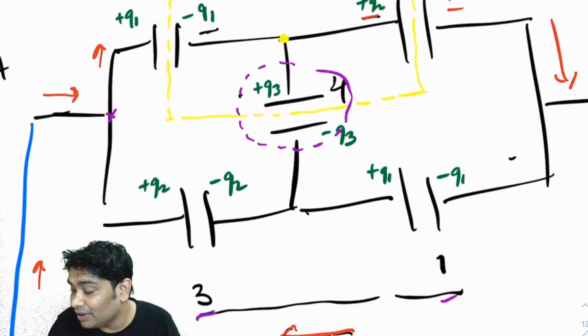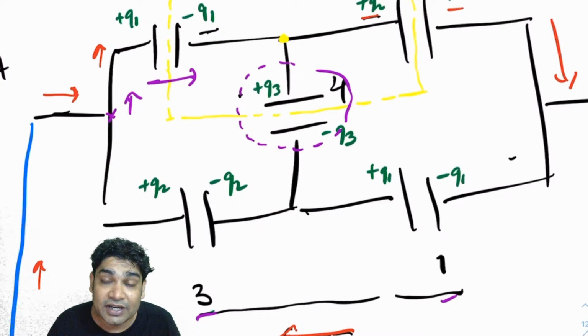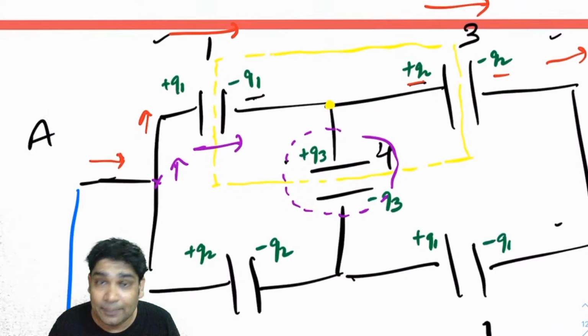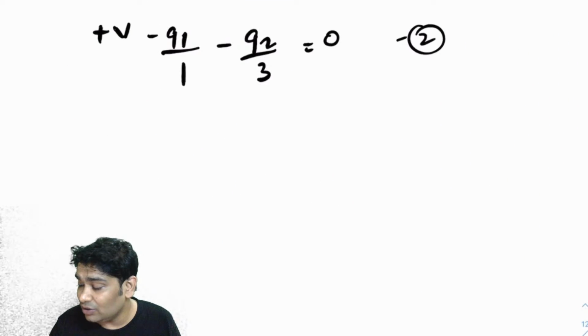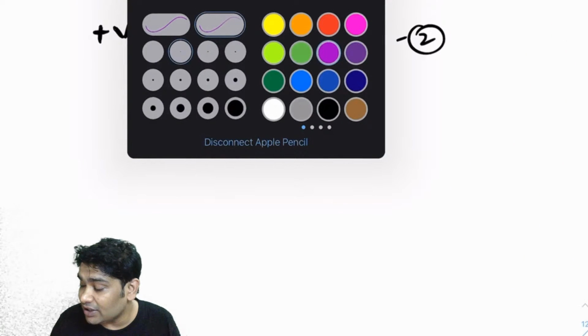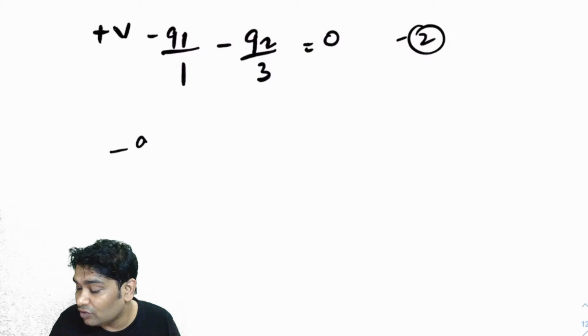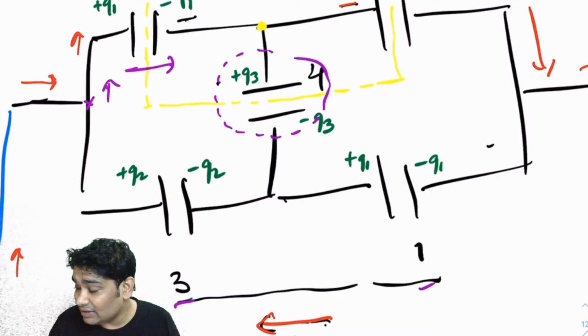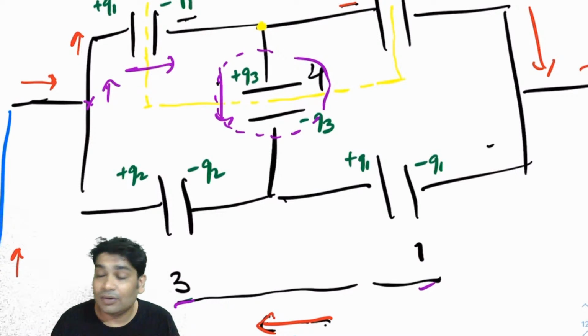So if I start from here, I go up, I cross this again. The potential change would be minus Q1 over 1. So let's start writing those. So the first potential change I am encountering is minus Q1 over 1. Alright. Next, when I come here, I will cross this one.